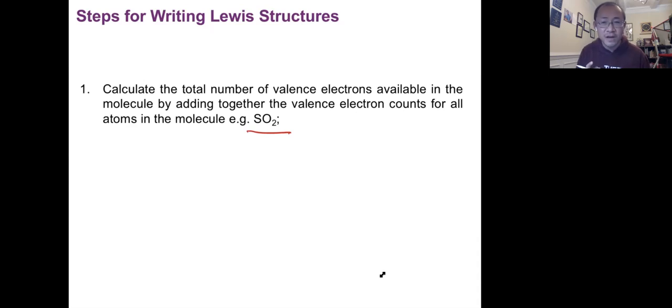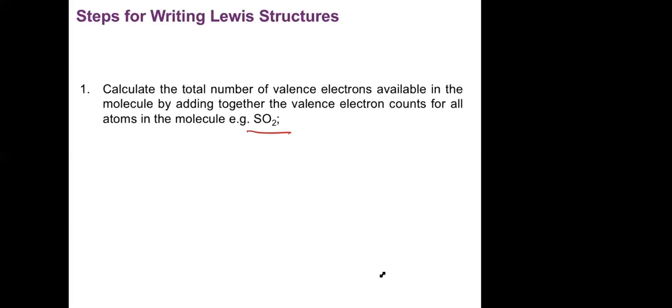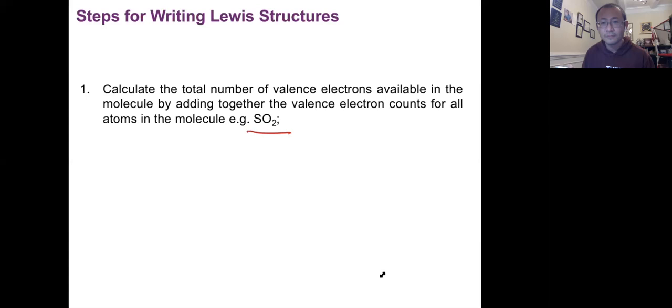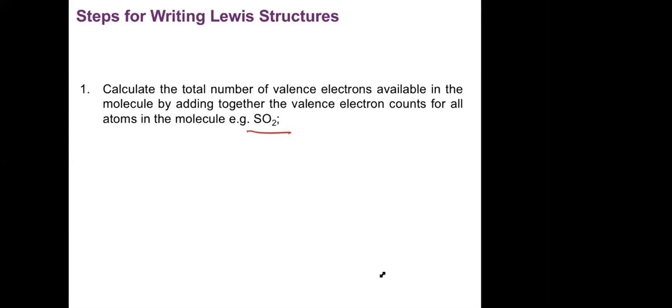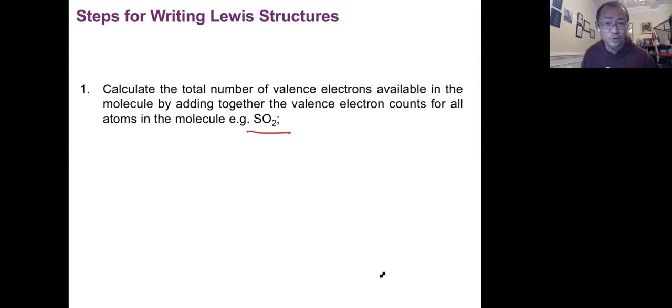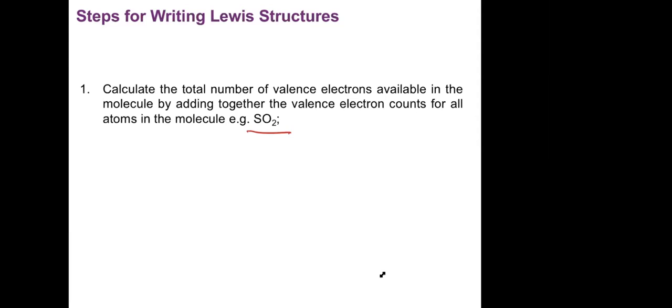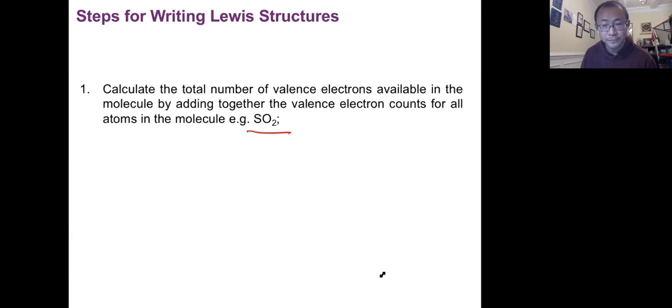Is it 12? Where did you get the 12? Sulfur has 6 and oxygen has 6. Very good so far. But how many oxygens do you see there? 2 oxygens.